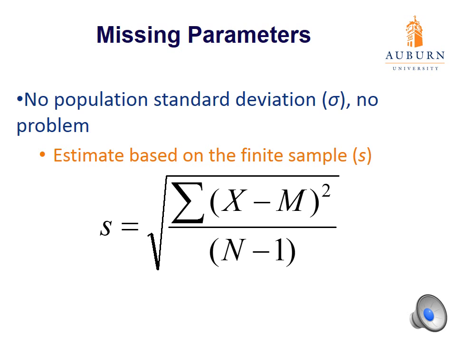We're now dividing by a different number. So instead of dividing by the population size, or n, the number of values in the population, we're now going to divide by n minus 1, or the number of observations in our sample minus 1. So we're going to subtract 1 from the number of observations in our calculations. And when we do that, we turn a finite distribution based on our sample into an infinite distribution that's estimated to the population.